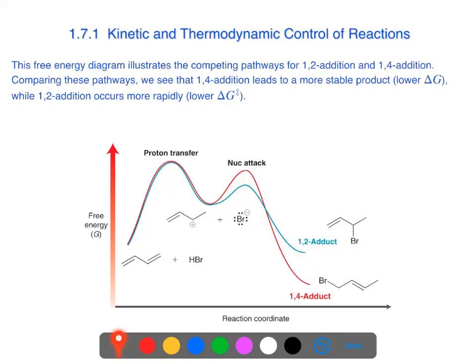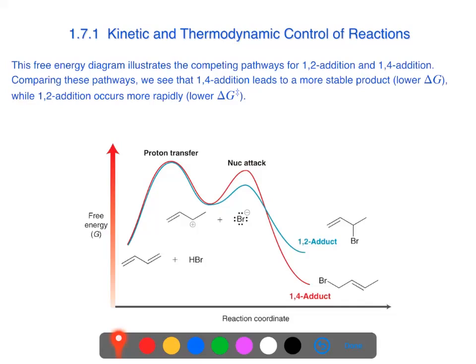However, when we increase the temperature of the system, that's not only going to increase the probability that we can go over the larger energy pathway, but it also will allow the 1,2 adduct to reversibly go back to the intermediate and, in a sense, have a second attempt at forming the more stable, thermodynamic product in this particular reaction.